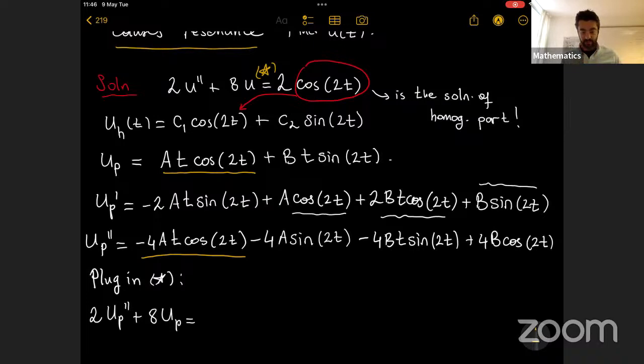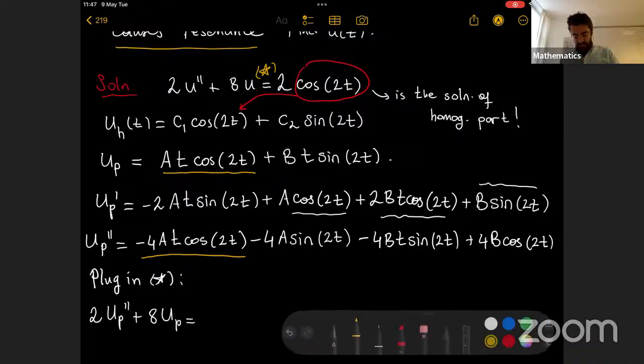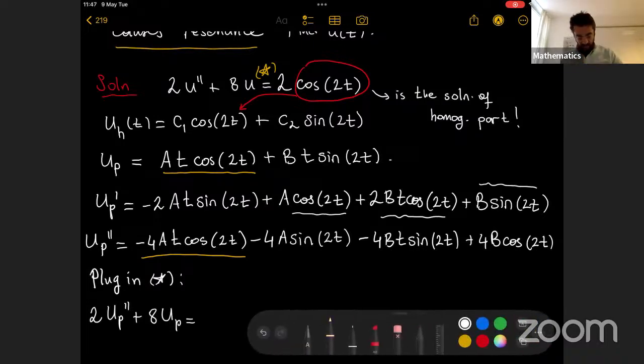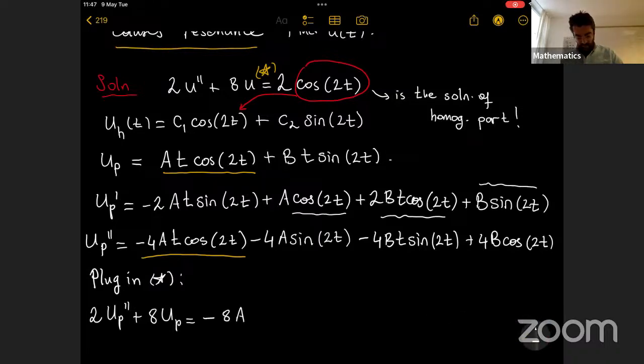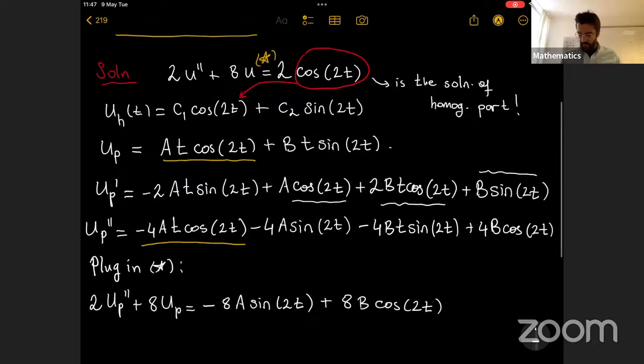So they will cancel, okay? After these cancellations, you will end up with minus 8a sine 2t plus 8b cosine 2t. You can check this easily, okay?